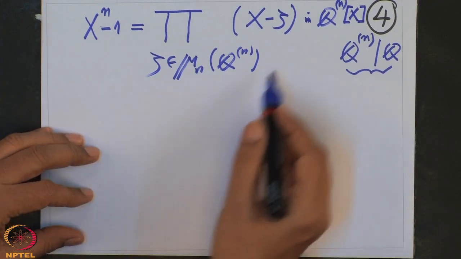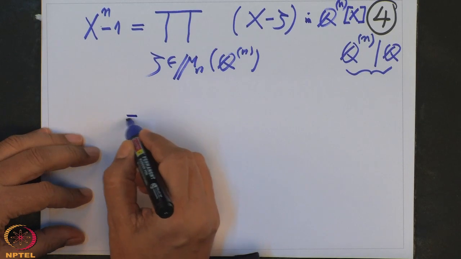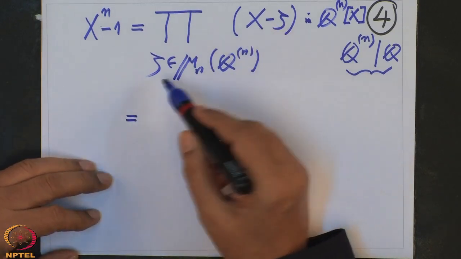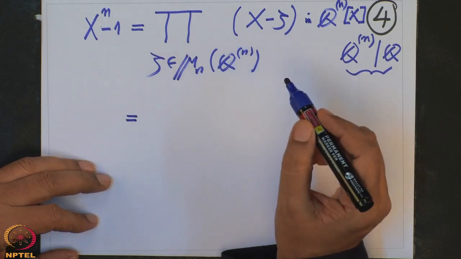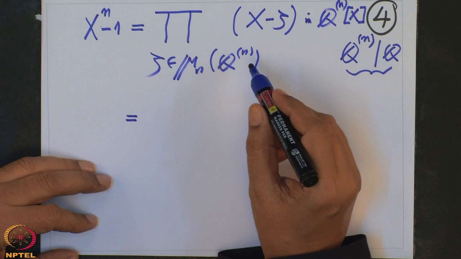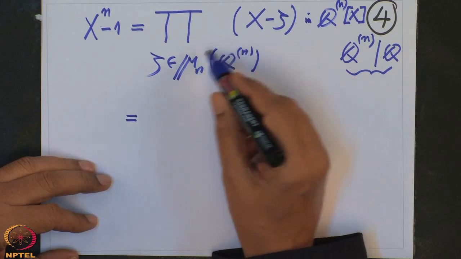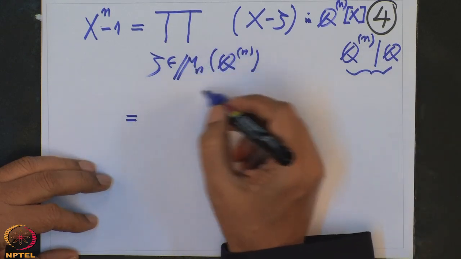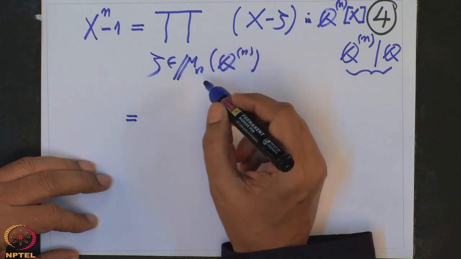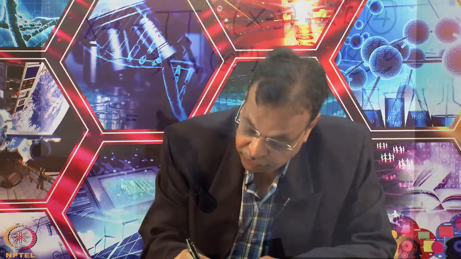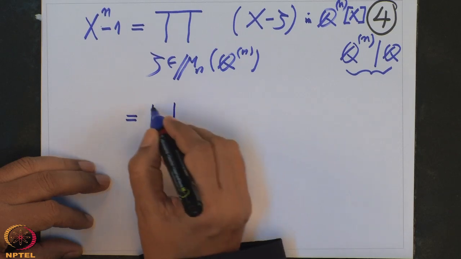Alright, so I am going to rearrange this product. This product is running over elements in a cyclic group, and the order of that group is n. Therefore, every element of this group will have a positive order, and the orders are precisely the divisors of n. So first of all, I want to divide this product according to the order.